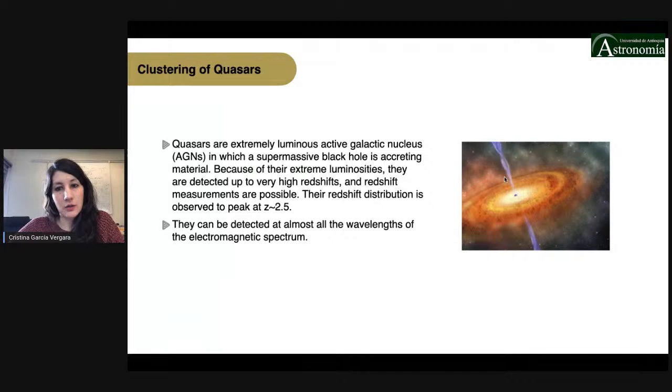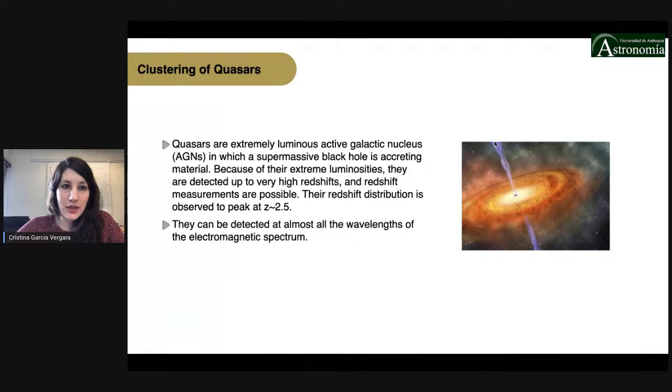AGN are active galactic nuclei, like the one I show here, but depending on how you observe this AGN, in which direction, you will detect it as a quasar or as a radio galaxy or as a Seyfert galaxy or other different types of objects.